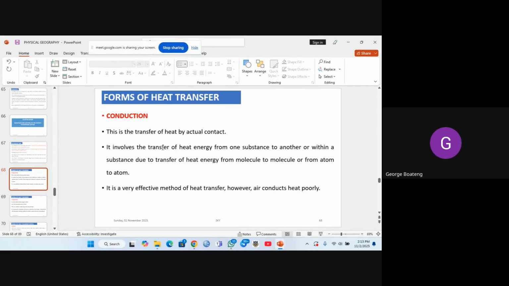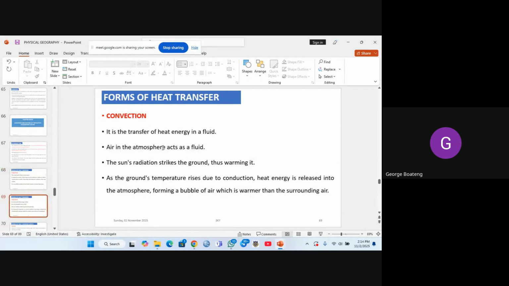Heat transfer through objects by contact is called conduction. So you hold the metal and you feel the heat. You can hold the other end, but still heat will pass through to the other side because there has been contact.